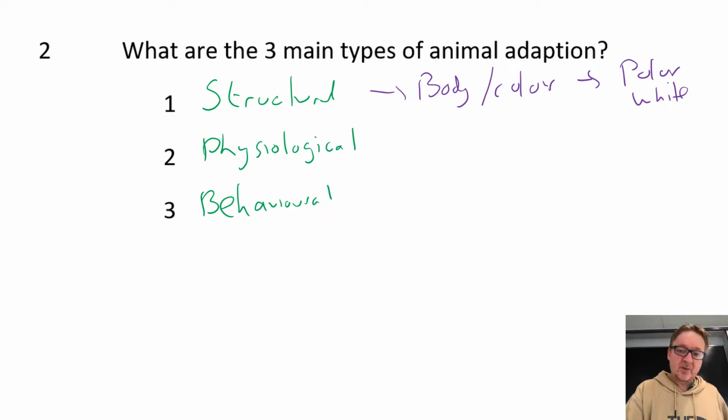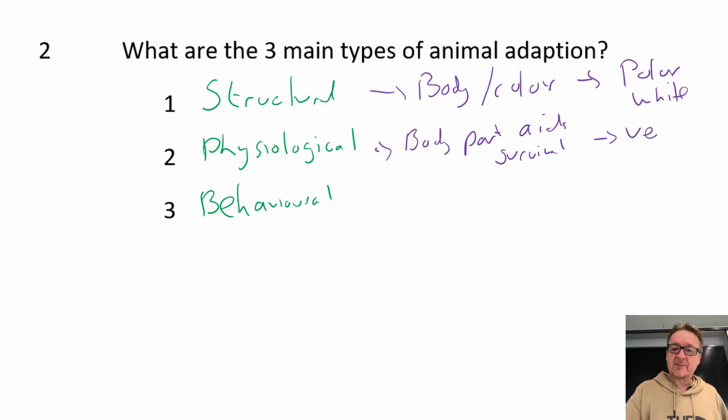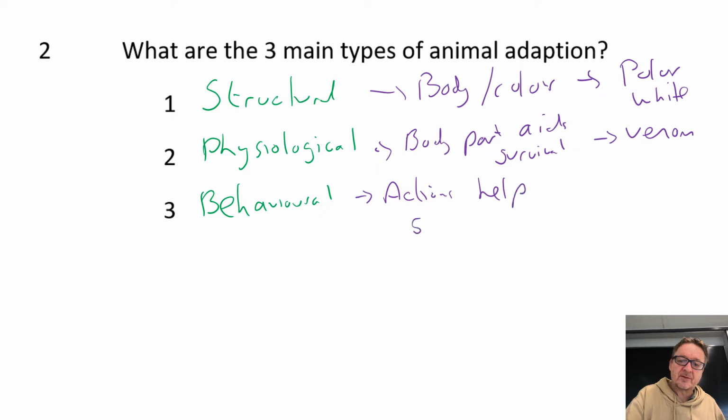Physiological is where the body part aids survival. For example, venom. So if you've got a snake that's got venom in it, that is physiological, and that helps it live. And the last one is behavioural, where their actions help survive.